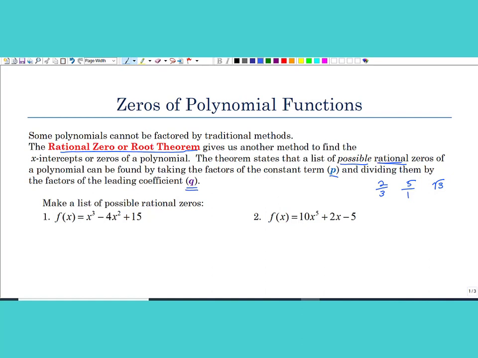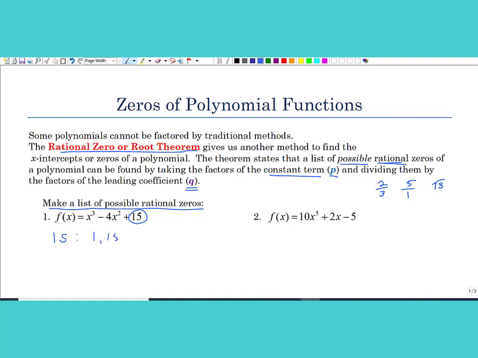So let's just dive in. The first two examples say make a list of possible rational zeros. You really want to make sure you read the directions. A list. It doesn't say to do anything else. So going back to this theorem, I need to know what the constant term is. So my constant term is 15. So what all multiplies to get 15?